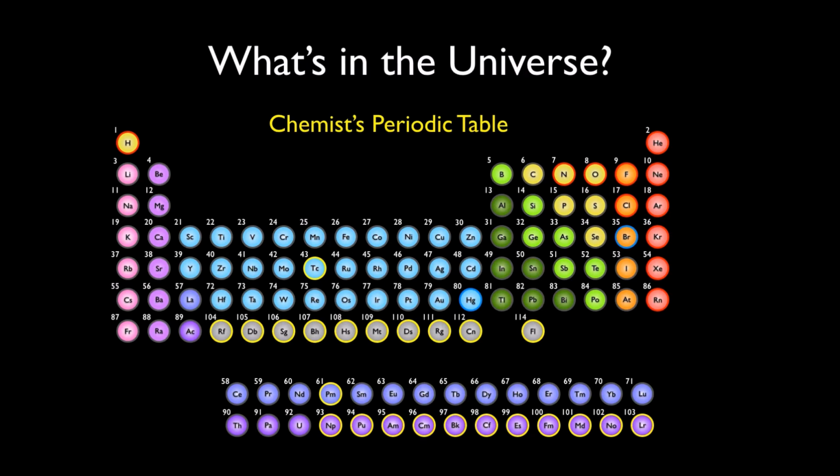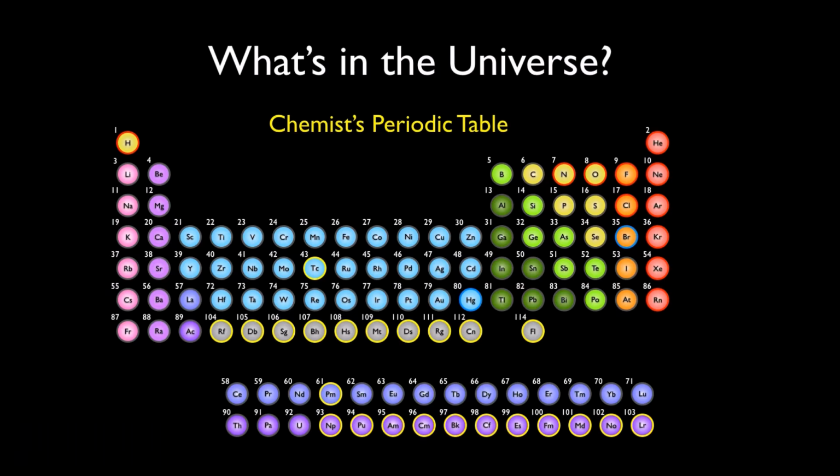And so up in the upper left-hand corner, the first element's number 1. That isn't just an arbitrary number. What it means is that there's actually one proton in the center of the atom, and there's also one electron orbiting out in the shell of the atom. And then over on the other side, the next one is 2, and it has 2 protons and 2 electrons, and so on and so forth, all the way through the table.